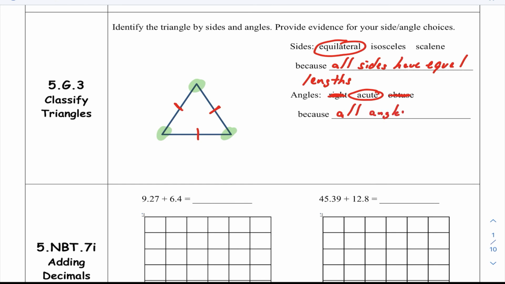It's acute because all the angles are acute angles. The reason this is important is all triangles have acute angles. For it to be an acute triangle, all 3 must be acute.